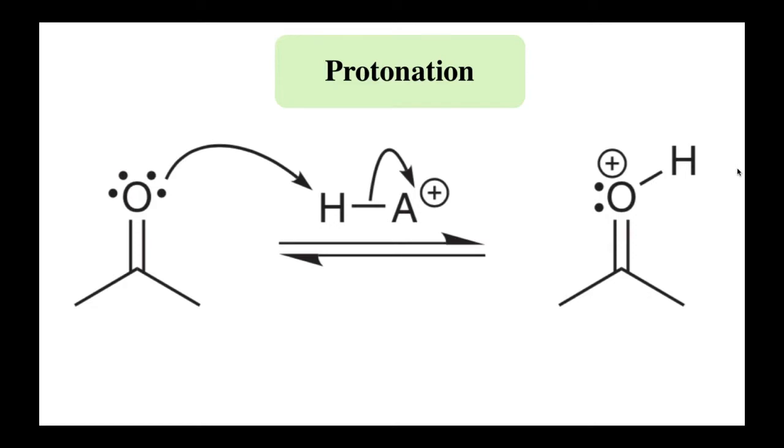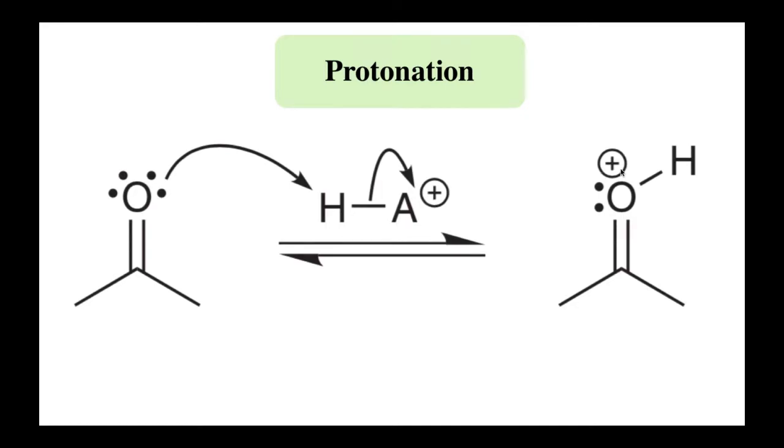So in this case, we protonated our carbonyl group. We protonated our oxygen. But look what that created. A positive formal charge on the oxygen. Let me tell you all something. Oxygen hates being positive. It hates supporting a positive formal charge. Oxyanions are very unstable.